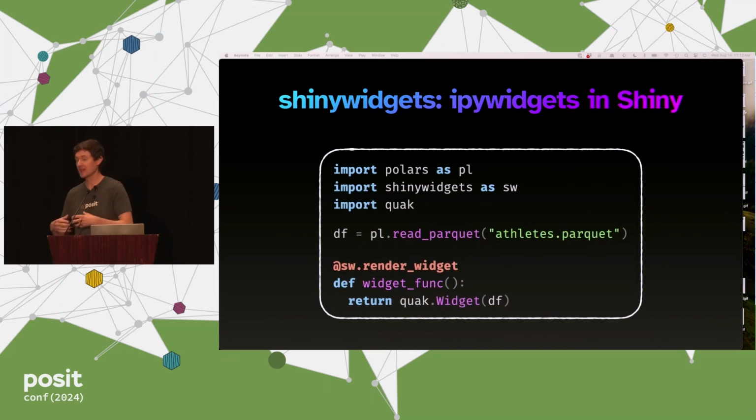Now, if we were to take this template and go back to our Quak widget that we started off with, we could start very simple in the Shiny app by just reading in the data and making sure this rendering function returns the interactive table widget.